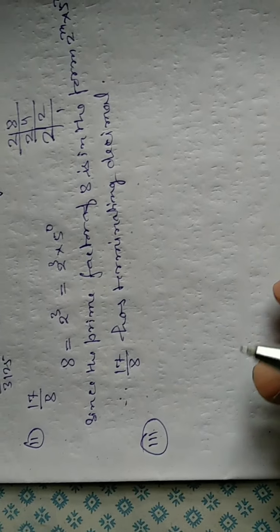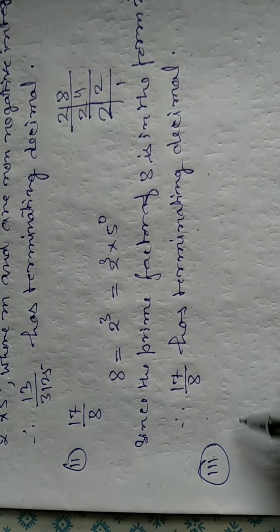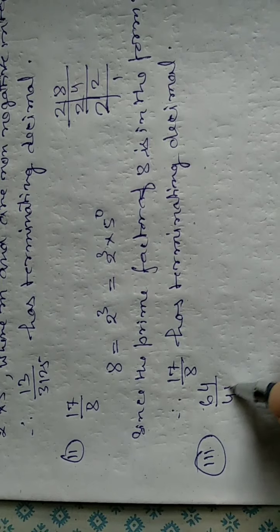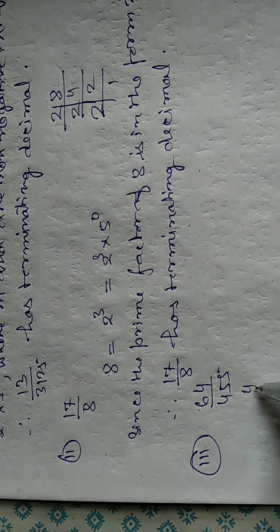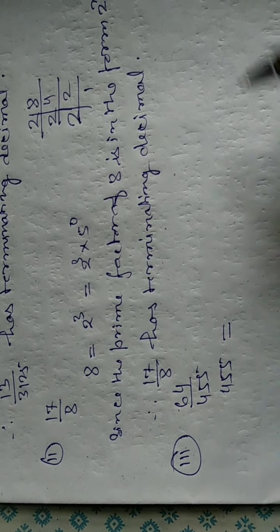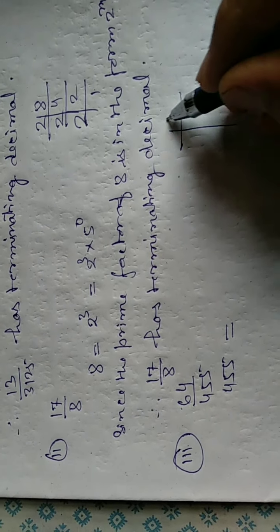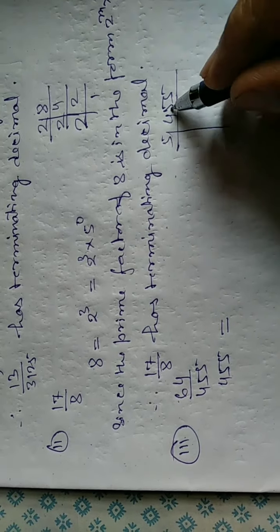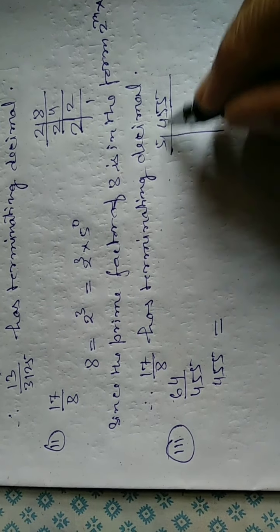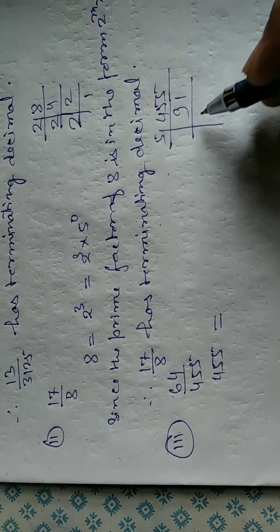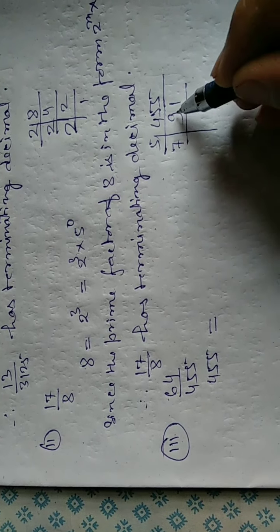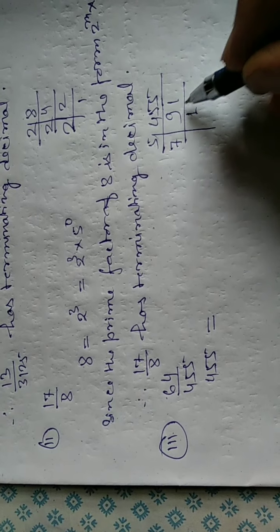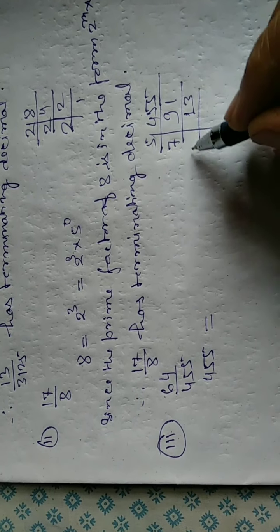Number 3. 64 by 455. Prime factors of 455: it is divisible by 5. 5 9s are 45, 5 1s are 5. Then 91 is divisible by 7. 7 1s are 7, 7 3s are 21. 13 is itself a prime number.